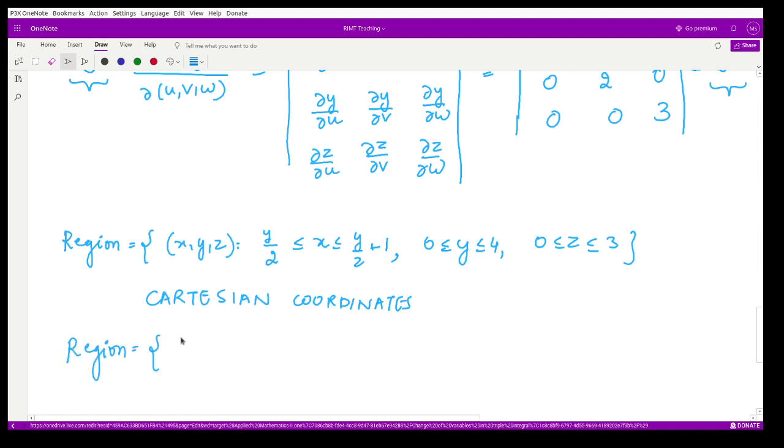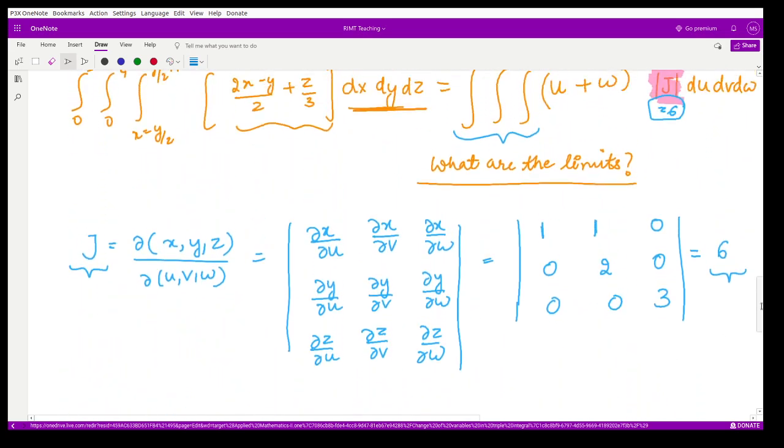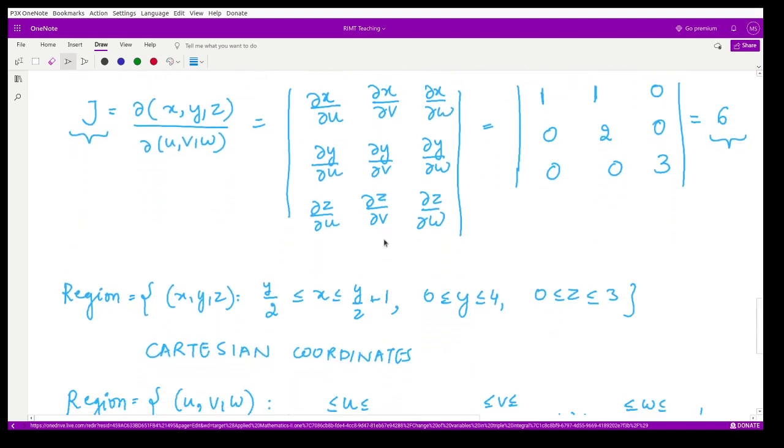So that means we are looking for all the points u, v, w such that we have the limits of u, the limits of v, and the limits for w. So what are the limits of u, what are the limits of v, and what are the limits of w? That we have to decide from here. If you take these individual limits, z varies from 0 to 3.